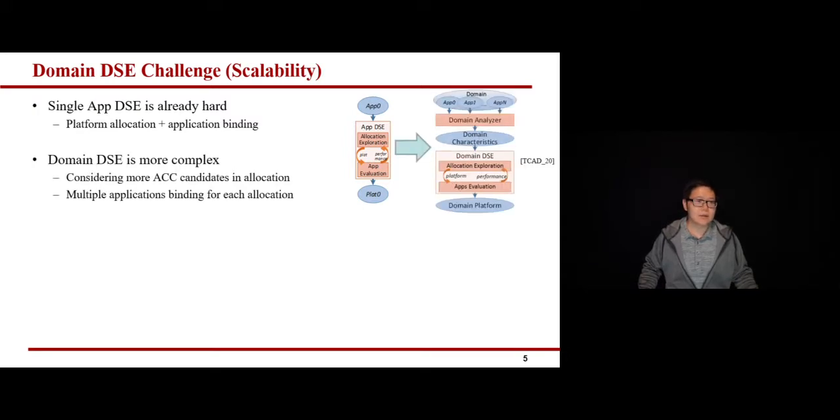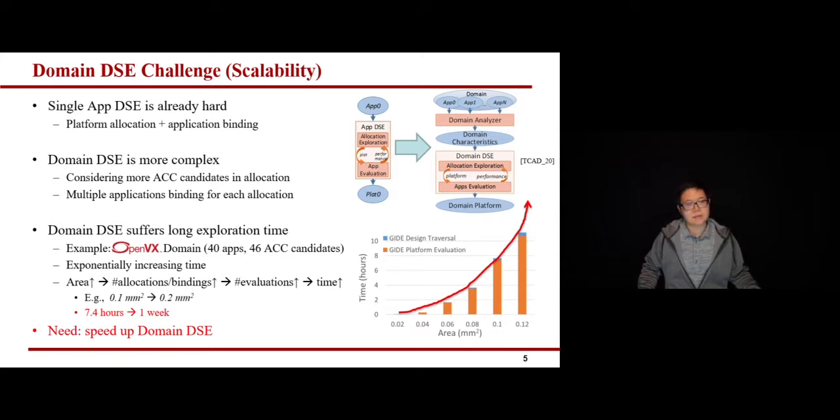However, in domain DSE, we need to design one platform for multiple applications, which means we need to consider more accelerator candidates in the platform allocation, and do multiple application bindings for each allocation. This complexity makes domain DSE suffer from a long exploration time. Even for a small OpenVX domain, the exploration time becomes unacceptable when the area budget becomes large. So we do need to speed up the domain DSE.